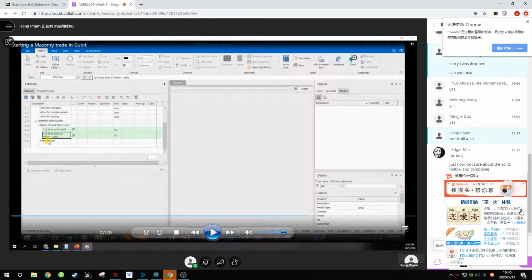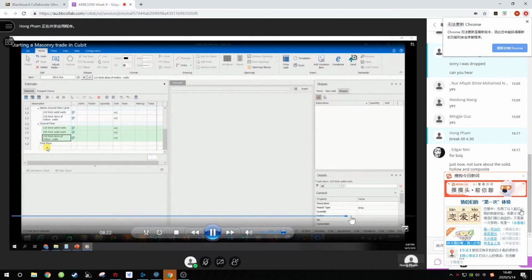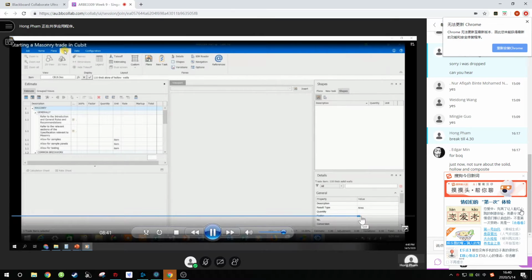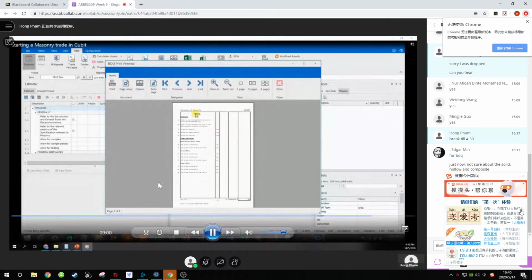Let me see. Let's see what he's trying to do here. I'll save time. Okay, I want that as a heading. So let's go into view, generate, not a too bad looking build. Oh, there we go. So you can see we've got masonry. Okay, I'm not sure whether you can see this.